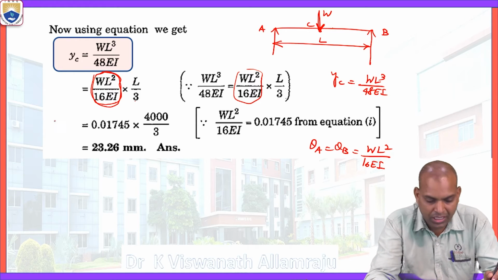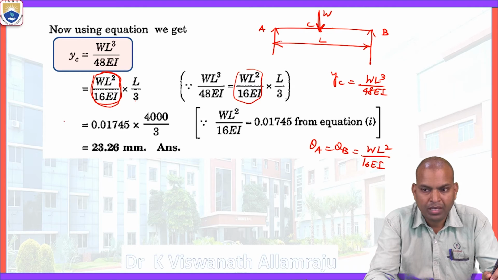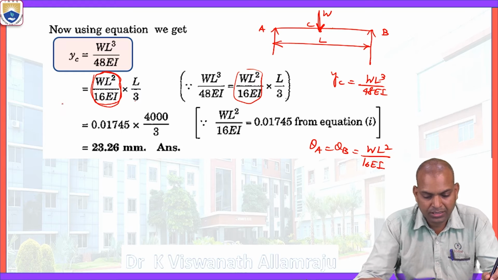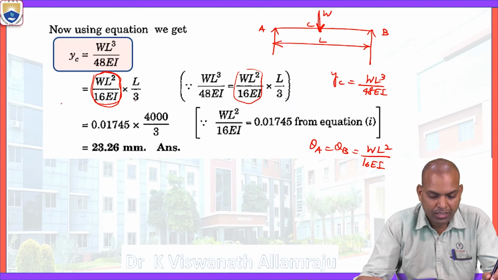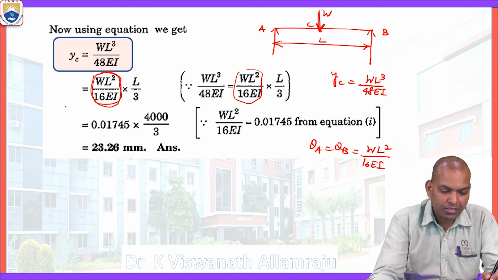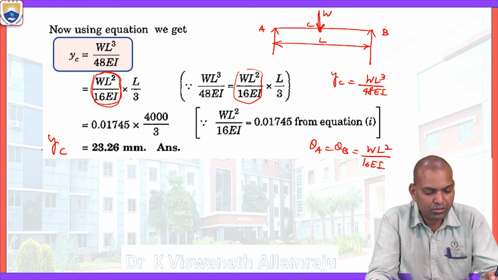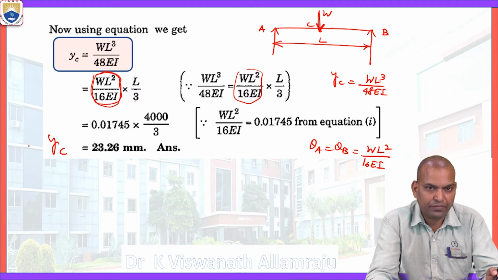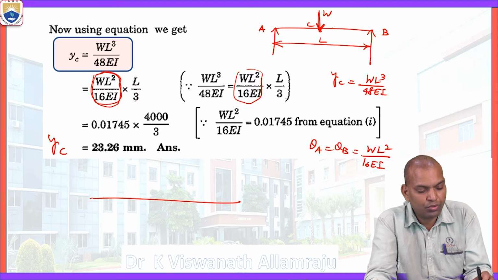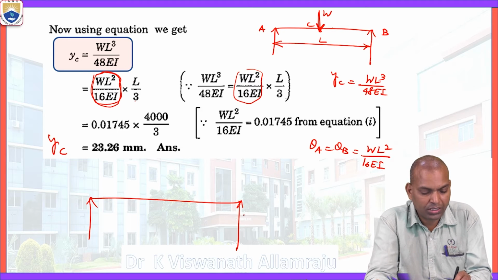Even though the data was given in degrees, we have to convert degrees into radians by multiplying by pi by 180. The value obtained in radians for theta A and theta B is 0.01745, times the L value, that is 4000 millimeters, divided by 3. So it is obtained as 23.26 millimeters deflection, provided the slope at the support is 1 degree.